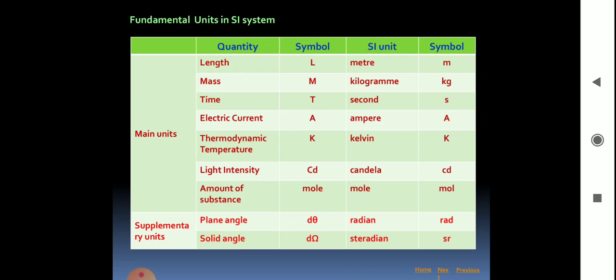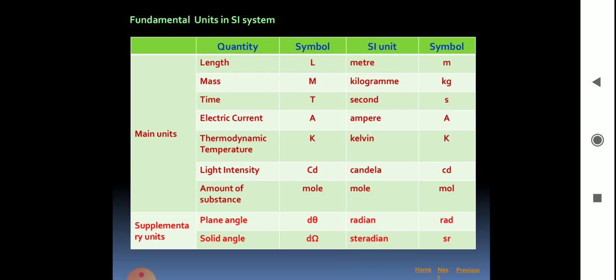SI unit candela, symbol cd, both small letters. Amount of substance, SI unit mole, symbol mol. So these are the 7 fundamental quantities and units of the SI system.